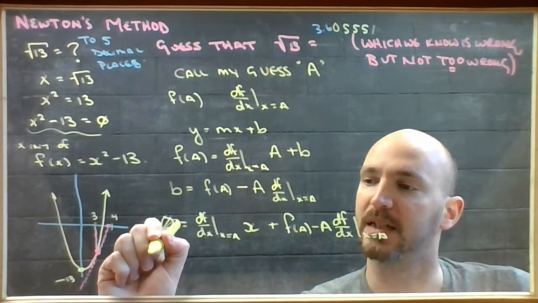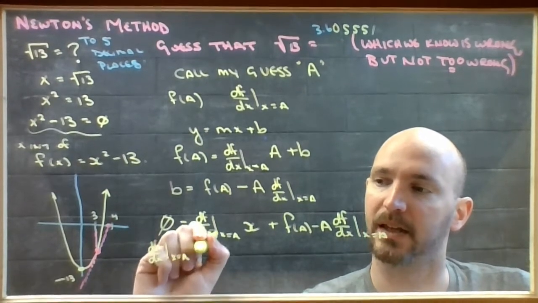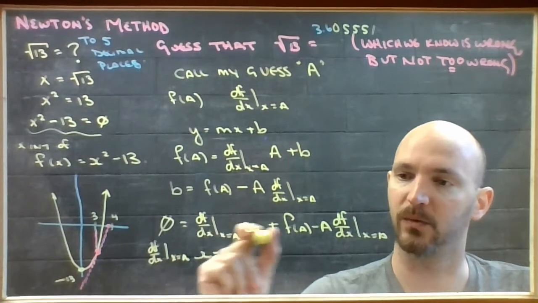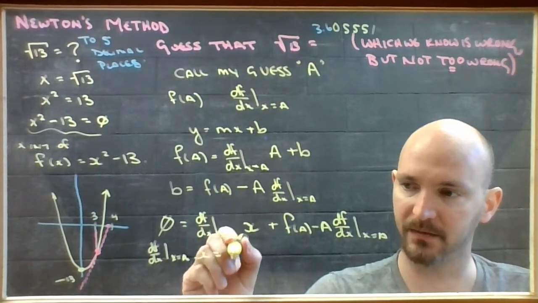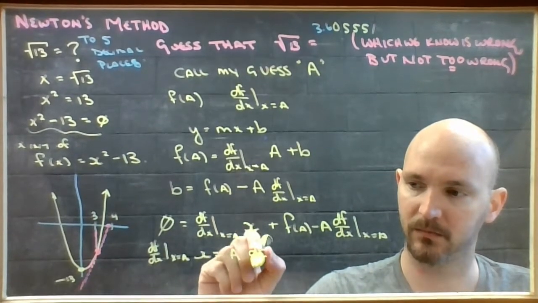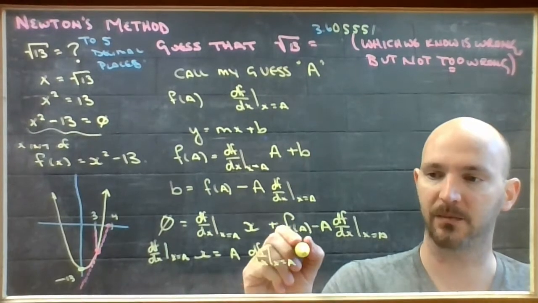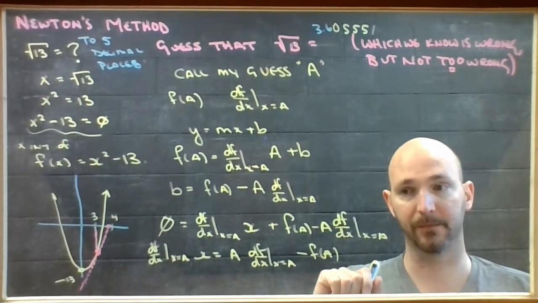So I'll have df by dx at x equals a, x equals this thing, if it comes over, would become positive. And this thing would become negative.